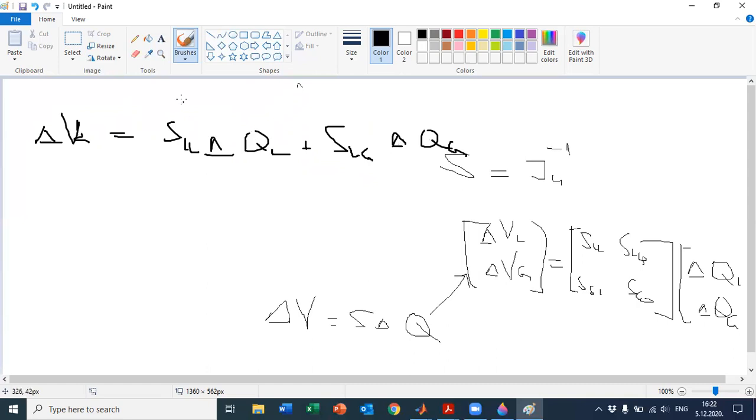And these matrices, SLL and SLG, are calculated from the Jacobian matrix simply by determining its inverse matrix.